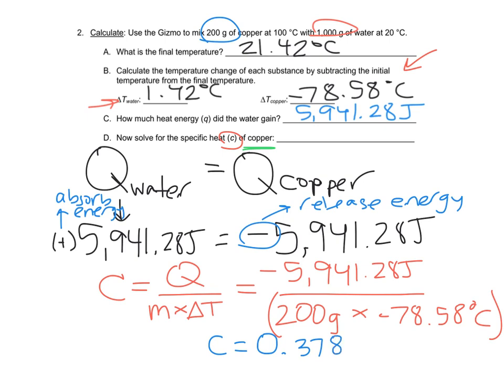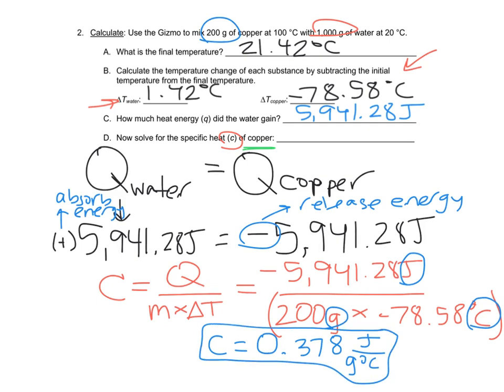And if we look at all of our units, none of these cancel with each other, so we just put it together in this unit: joules per gram degrees Celsius. So that is C: 0.378 joules per gram degrees Celsius.